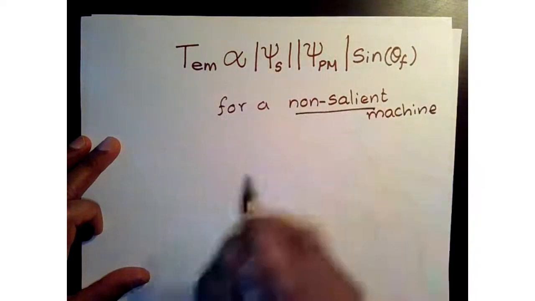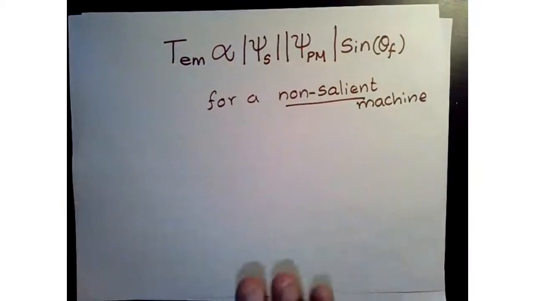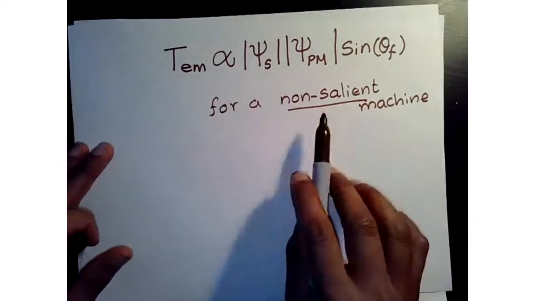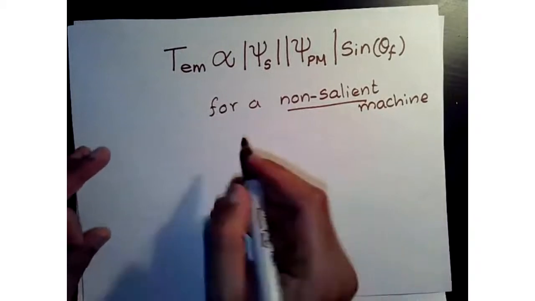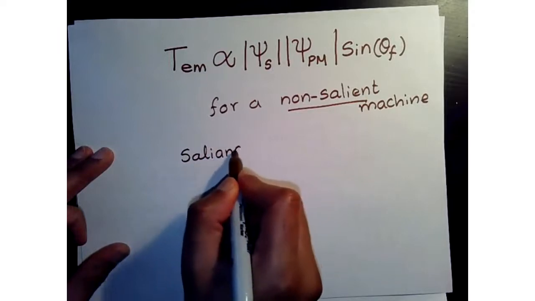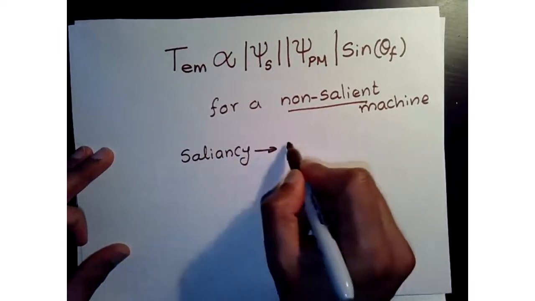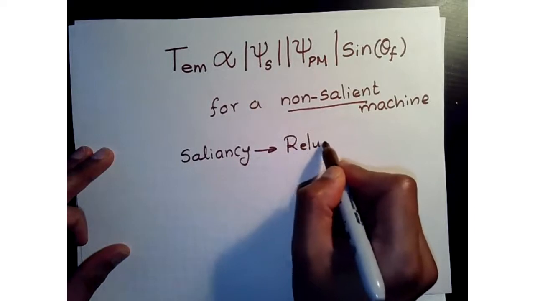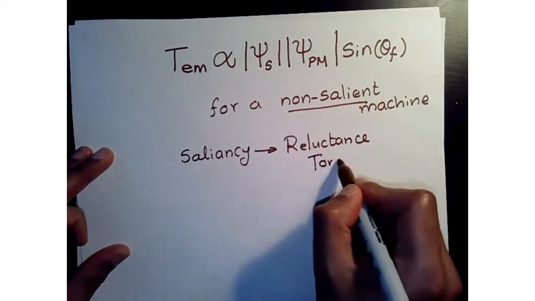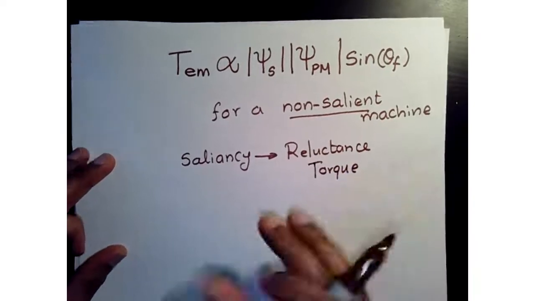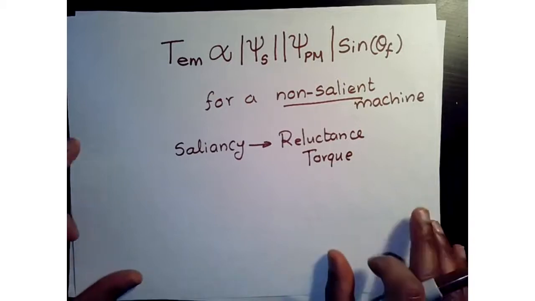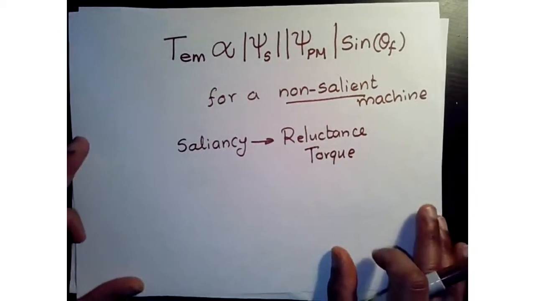Now, this is a little bit of an important topic. You have heard of non-salient and salient machines a few times. For machines with saliency, you have something called the reluctance torque. We talked about this: the magnetic flux trying to align with the shortest possible path depending on how the material is laid out in the rotor.